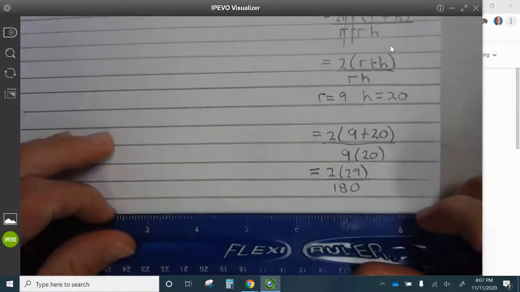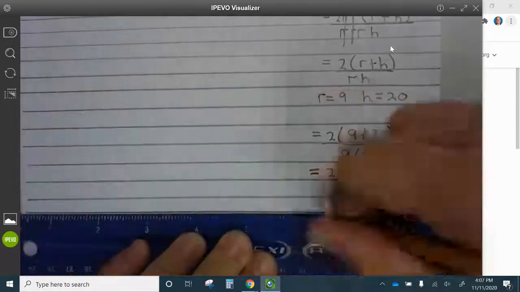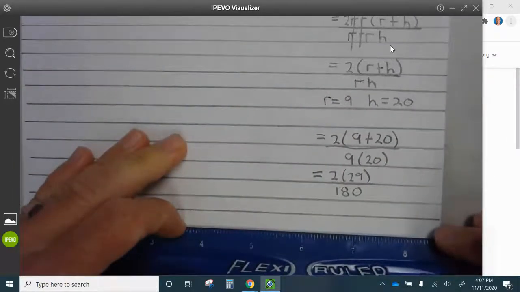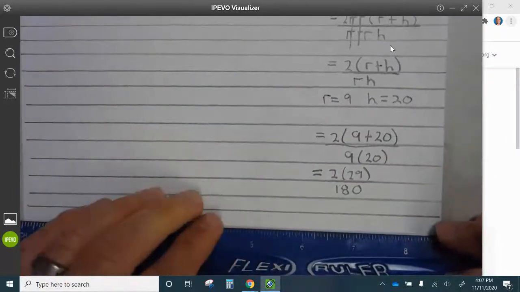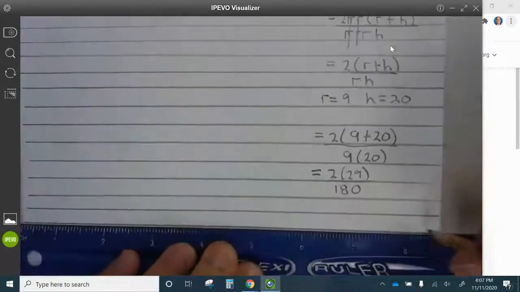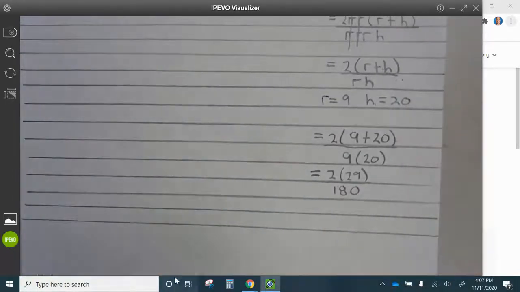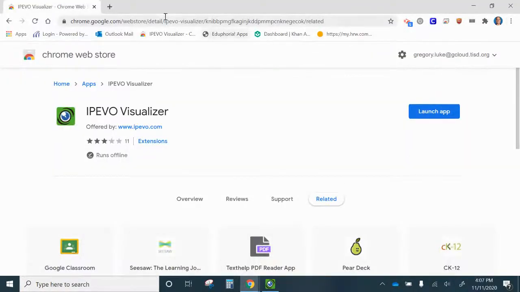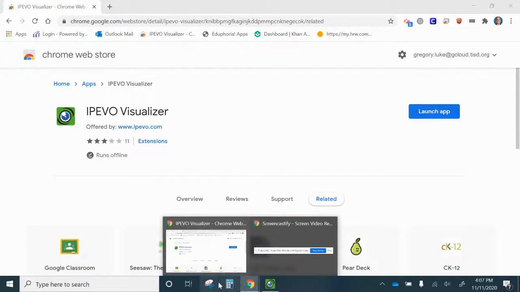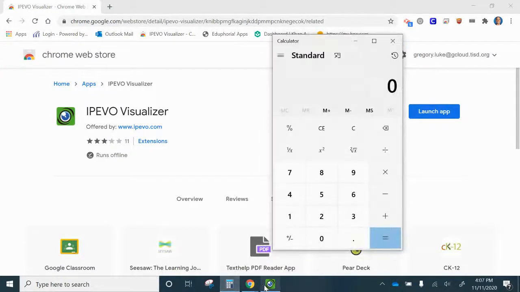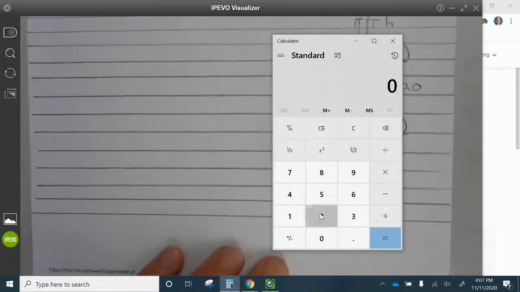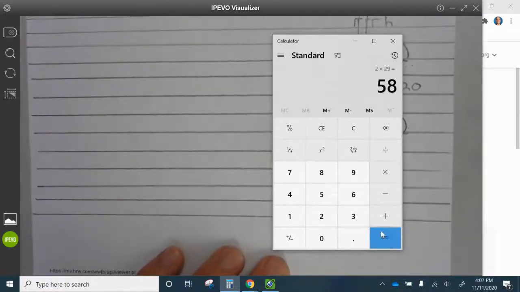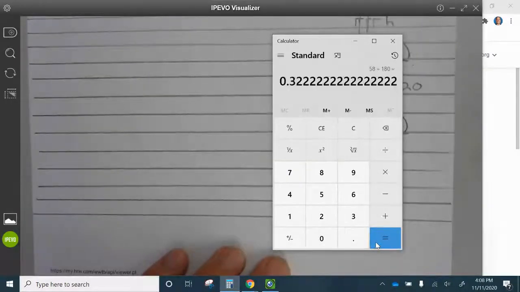Apparently we need a few more lines of space. So let's do 2 times 29. I need a calculator. So 2 times 29 is 58 divided by 180, which is a fraction.